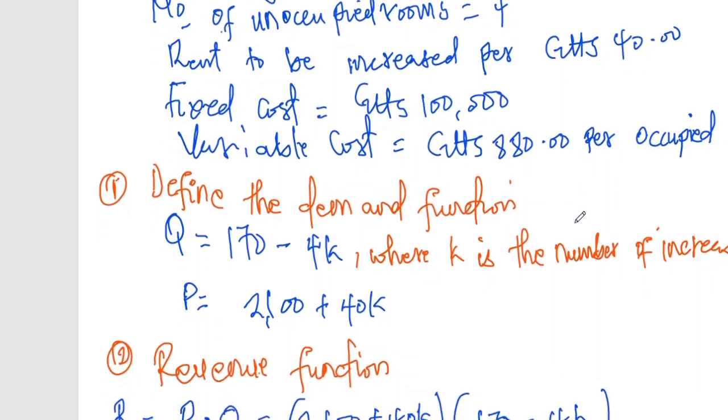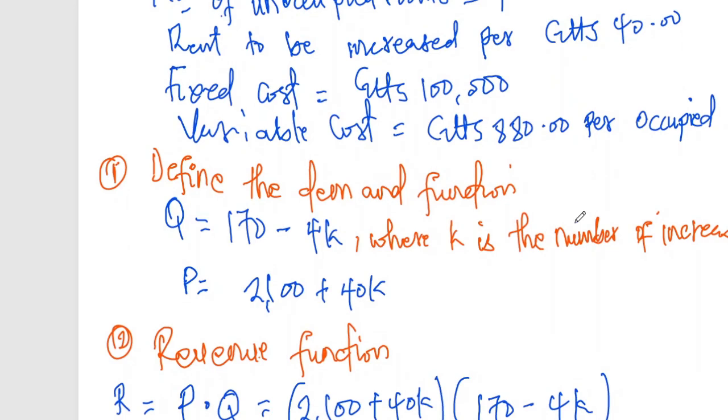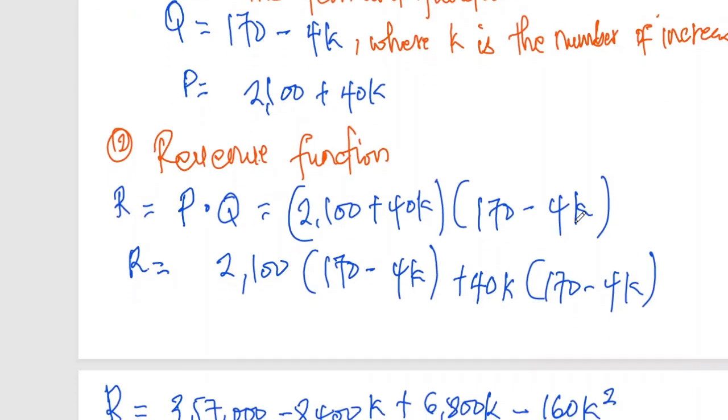Our first step is to define the demand function. We have to know our quantity and our price. Our quantity will be 170 minus 4k, where k is the number of increases, the number of times the rent is going to be increased.